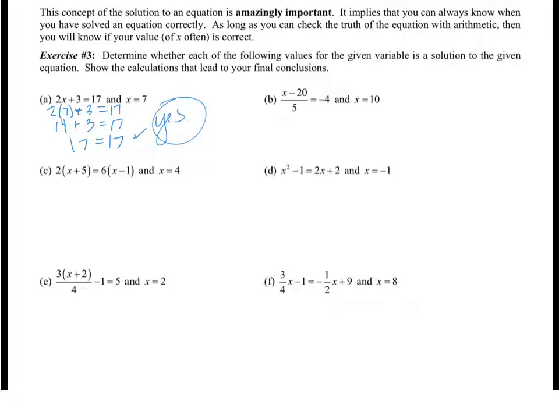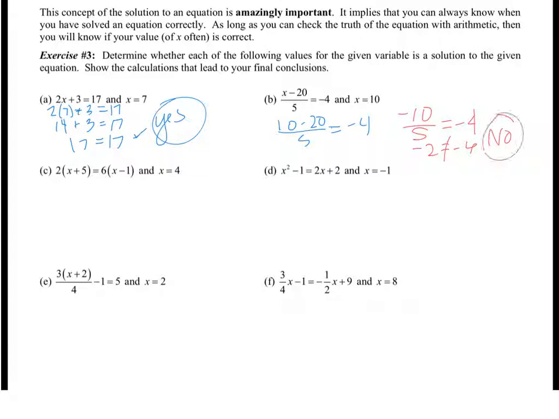Letter B, we're plugging 10 in. So 10 minus 20 divided by 5, does that equal negative 4? So 10 minus 20 is negative 10, divided by 5, does that equal negative 4? There's no way that negative 10 divided by 5, which is negative 2, equals negative 4.